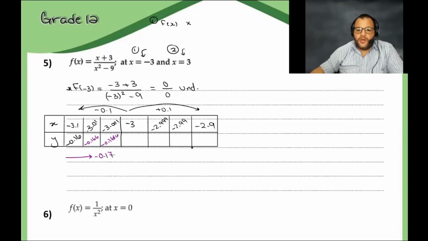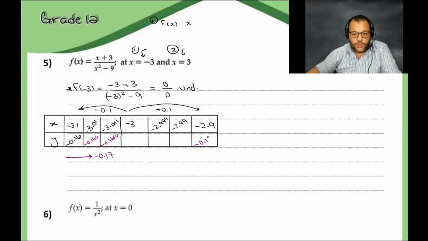Okay, so from the right side, I will change only this one. So it will be negative 2.9 and going down to negative 2.99. The answer for this one is negative 0.16, the next one negative 0.166, negative 0.1666.